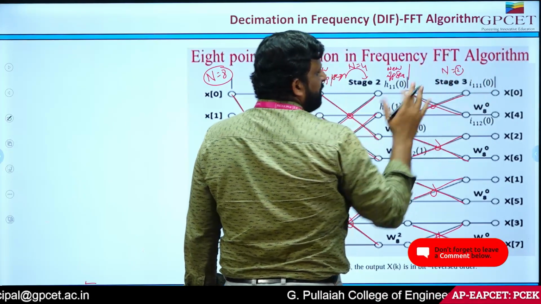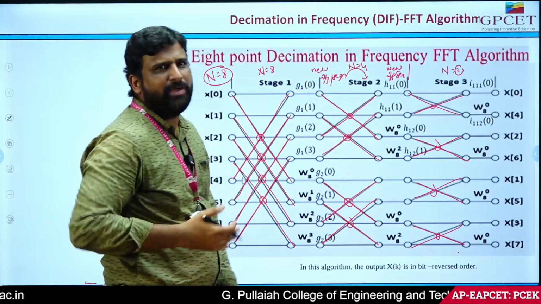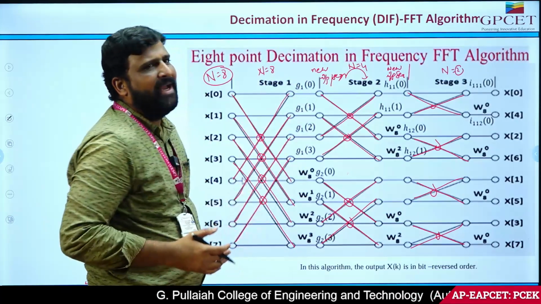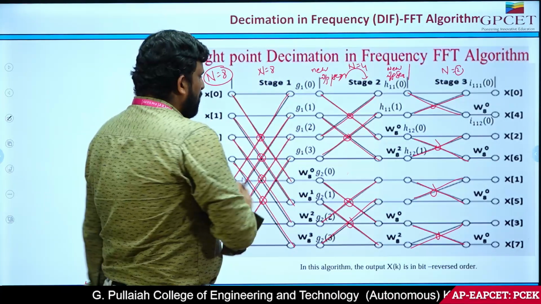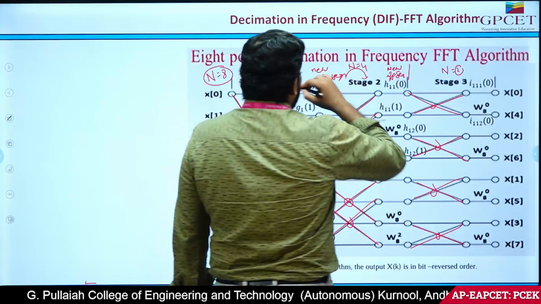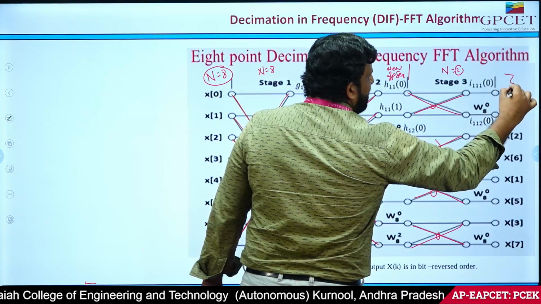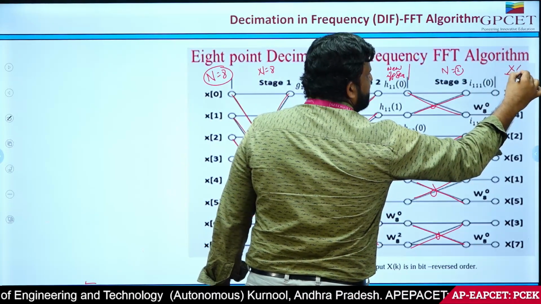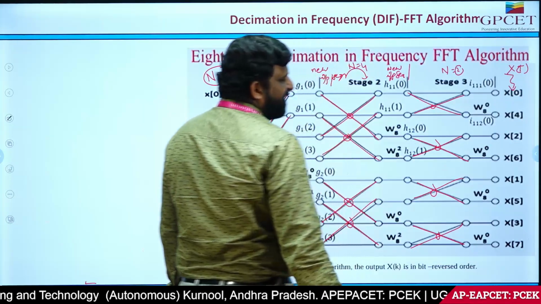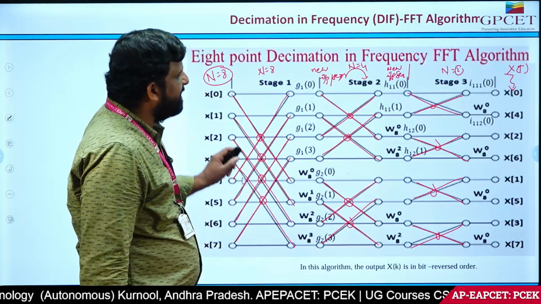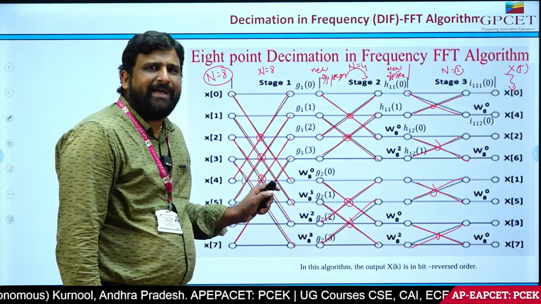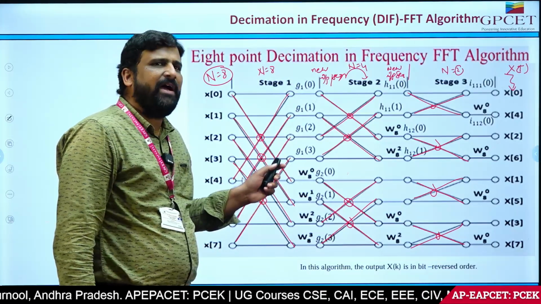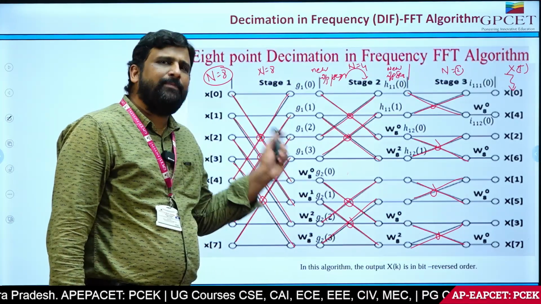After getting this 2, there is no way to continue the process, and that will be the end of that particular problem. So after doing all this, we are going to get the X of k, which is the decimation in frequency values.